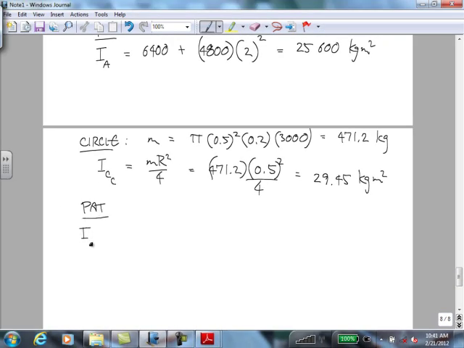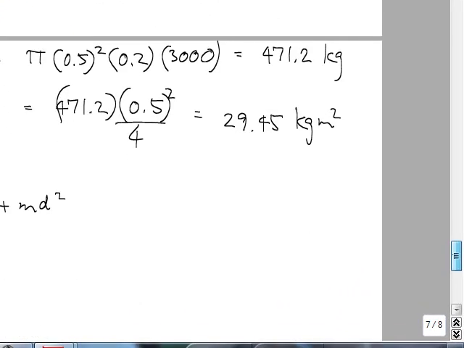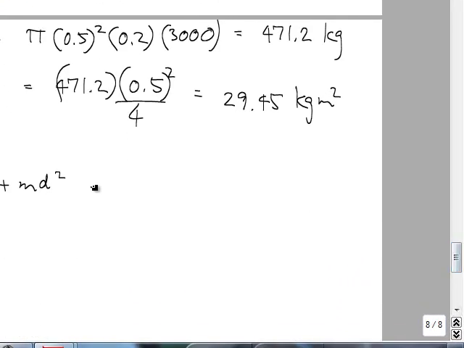So 29.45 plus 471.2 times 3 squared, and I think you get 2974.69 kilogram meters squared.